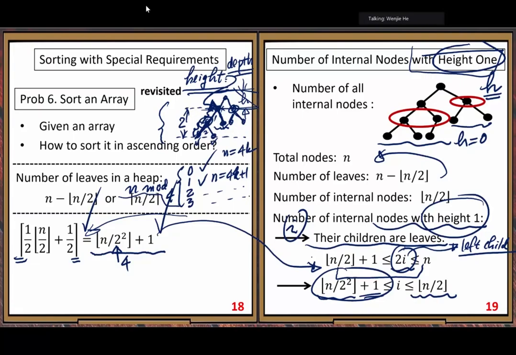That's the way we do the counting. Our counting formula is this. Number of internal nodes with height 1. Upper bound, floor of n/2, minus the number right before this lower bound. So that's this number. So that's the final formula.